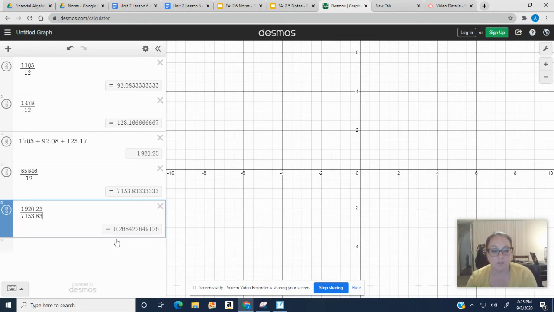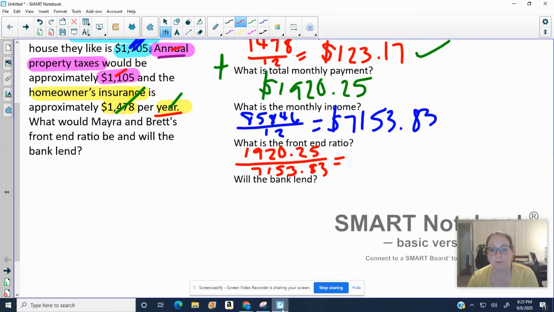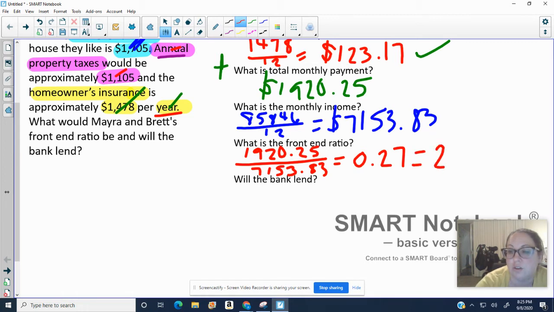So I got the value 0.268 and a bunch of other stuff. I'm going to go ahead and round it to 2 decimals. So I have 0.268 and that is going to round up to 0.27. We're going to round to 2 decimal places just like we do with pennies. 0.27 is the same thing as 27%.